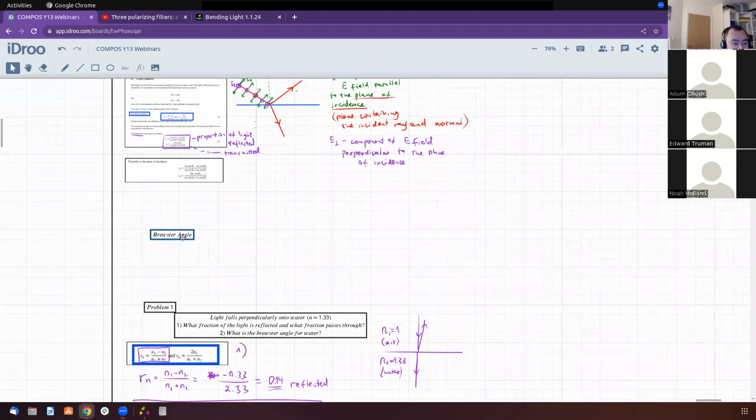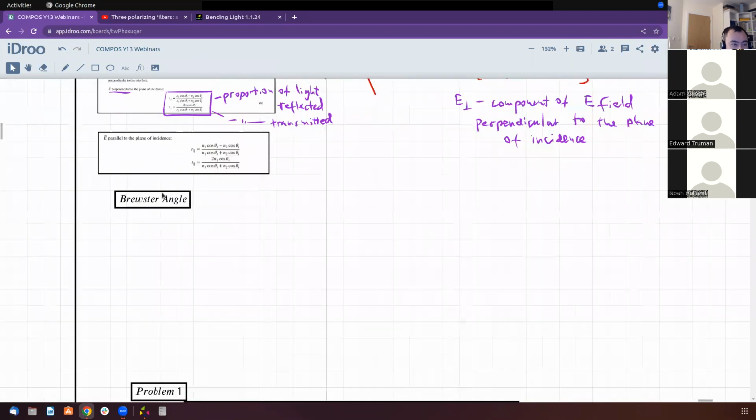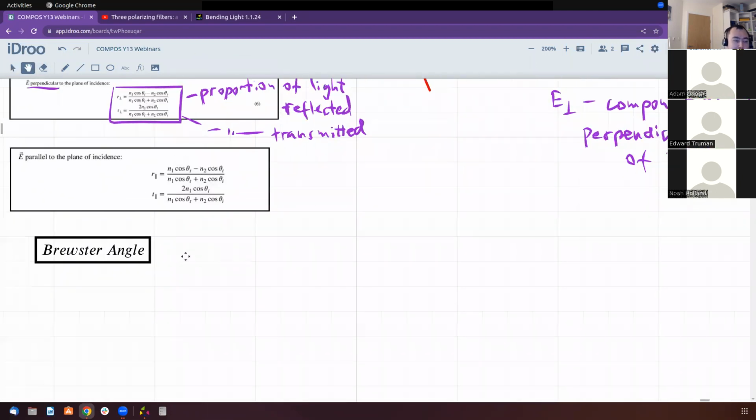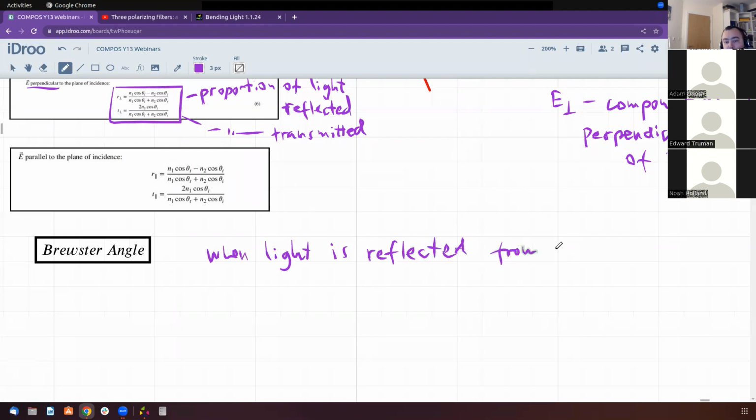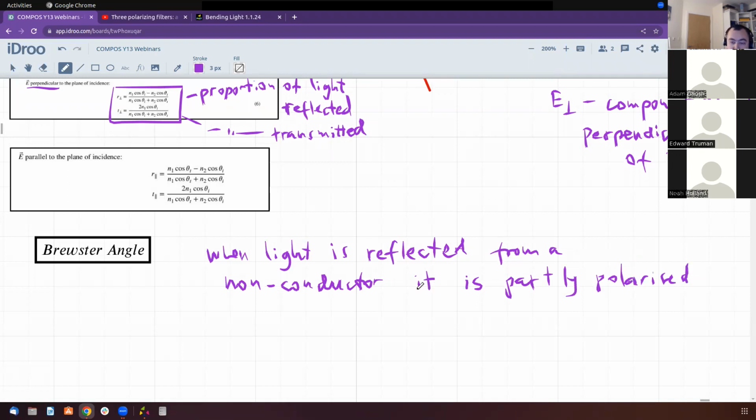When light is reflected from a non-conductor, it is partly polarized horizontally.